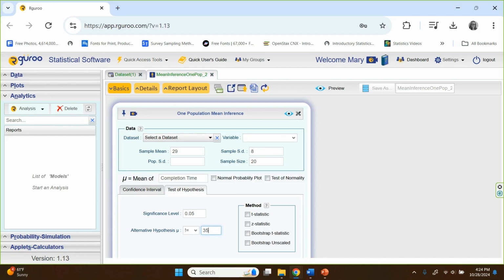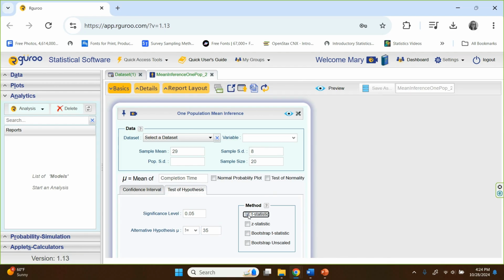The last thing we need to do is to determine what kind of method we're going to use here. And as I think about it, we were not given a population standard deviation. We have a small sample size, but fortunately we were given that last little blessing that said we can assume that our sample comes from a population that's normally distributed, which is just enough to have us use the t statistic.